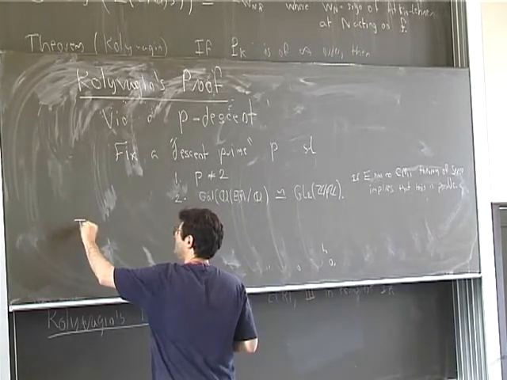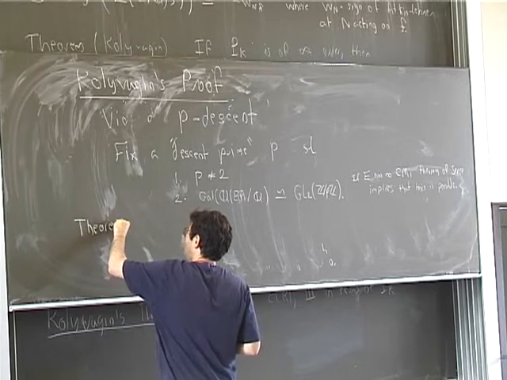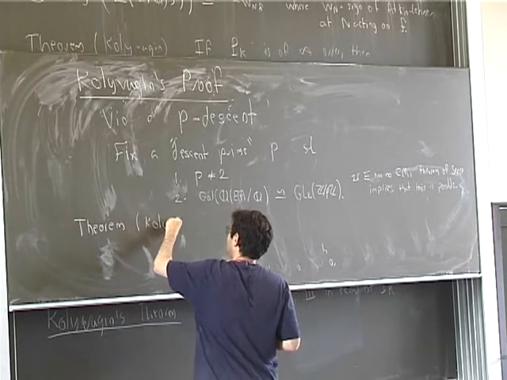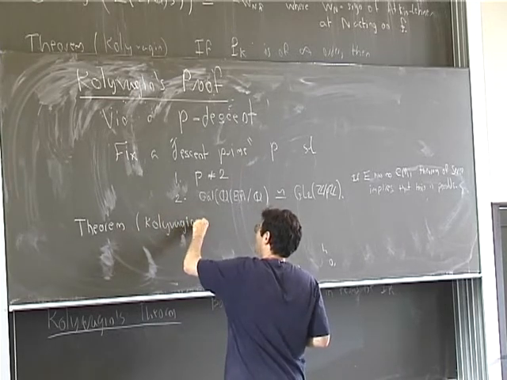Okay, so now I'm going to state the theorem that Kolyvagin proves in terms of this prime p. So Kolyvagin sub p.